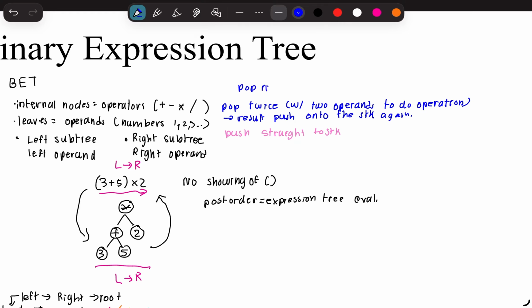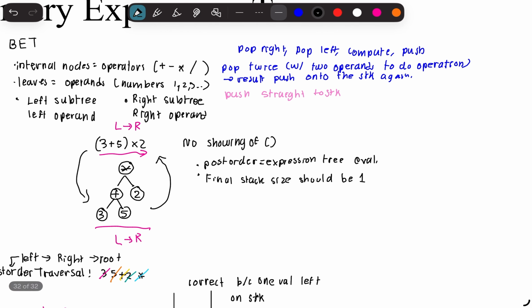Finally, your final stack size should be 1. You should only have one value left in your tree.